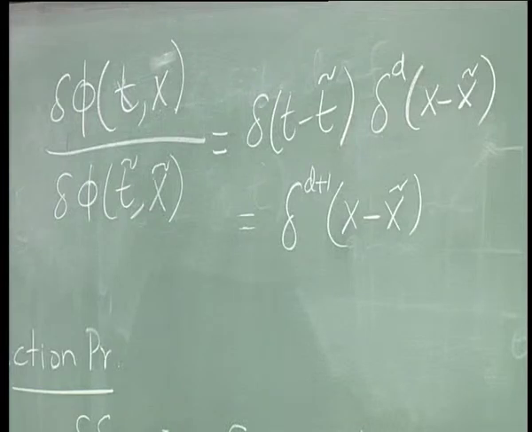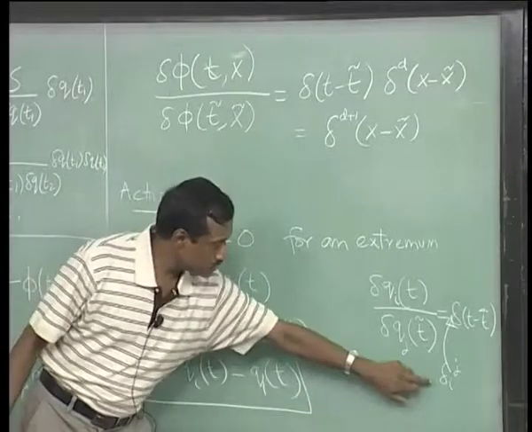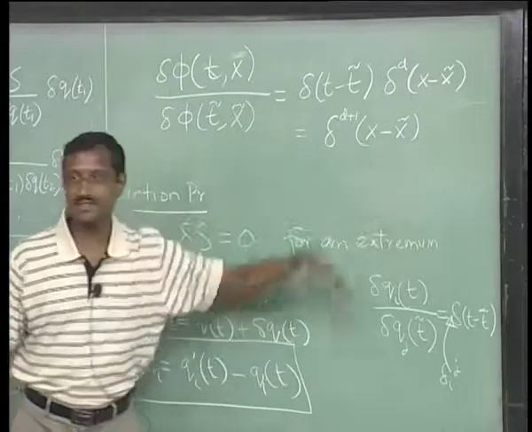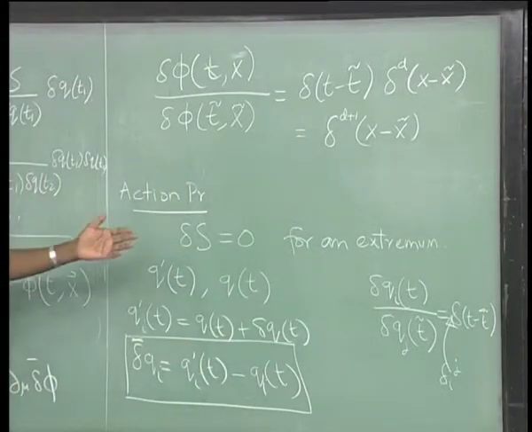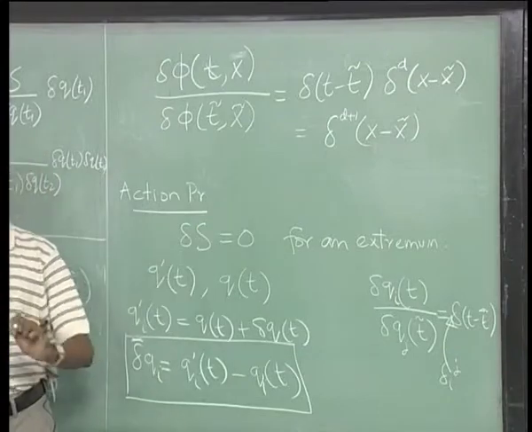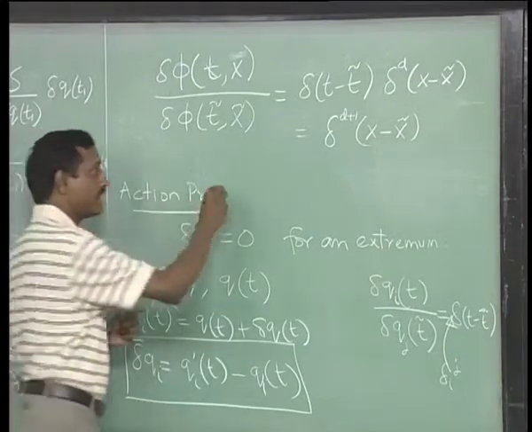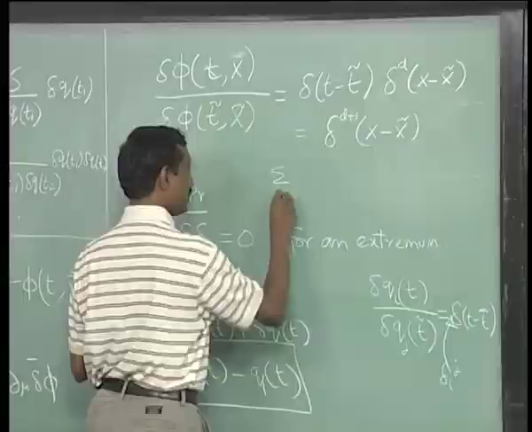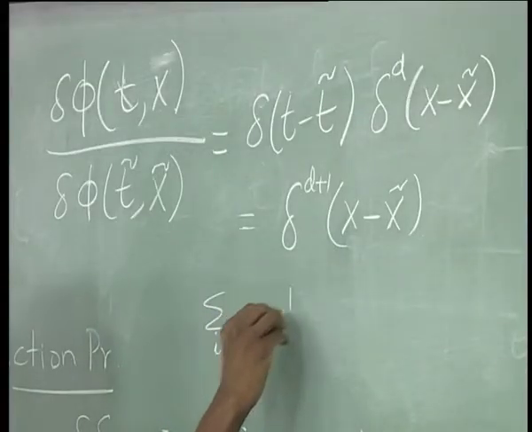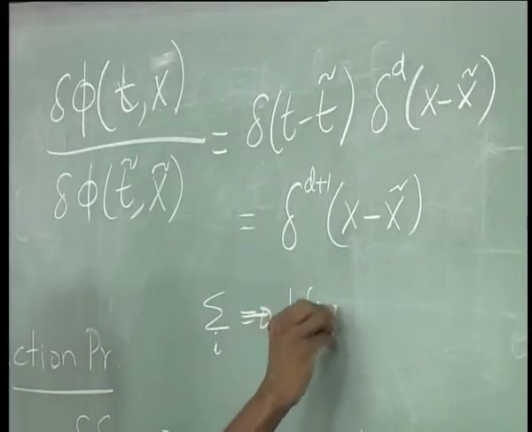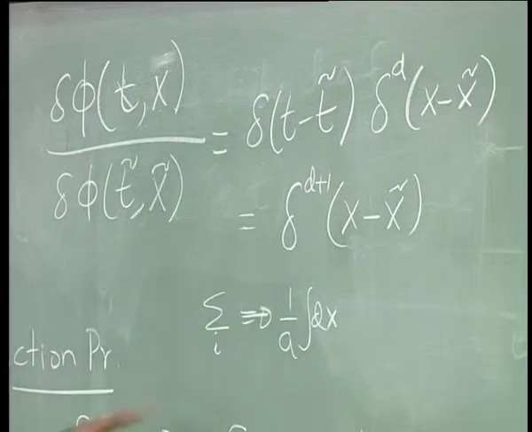If you are unhappy with this, what you can do is to go back and discretize, say, time or space, just to understand these examples. If you remember when we did integrals, we saw that summation over i went over to some 1 by a integral dx. You may wonder, shouldn't I have factors of a floating around? You will find that things will go perfectly fine.